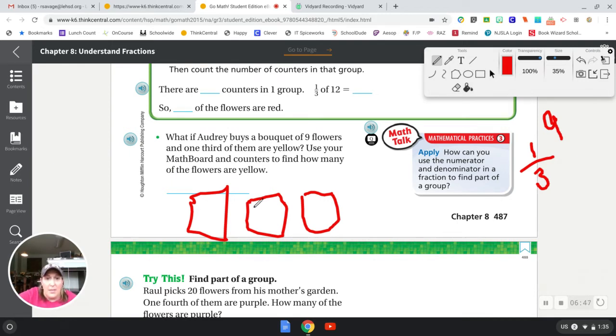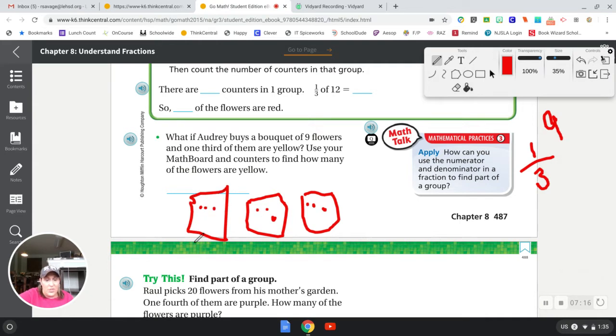But because this is a new concept, deal out 9 flowers. I've got 3, 4, 5, 6, 7, 8, 9. Okay? Now, how many flowers are in each group?